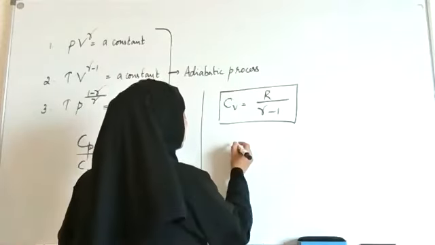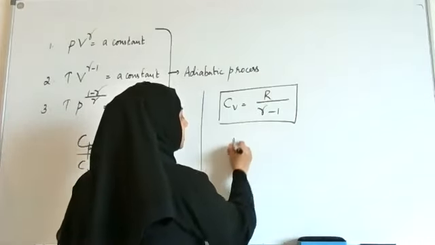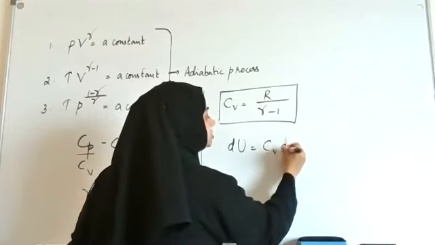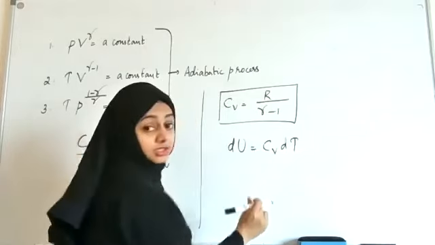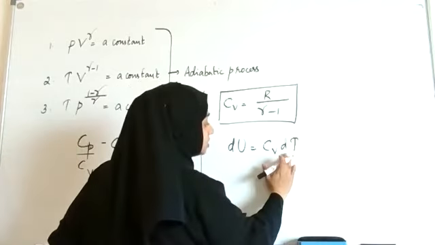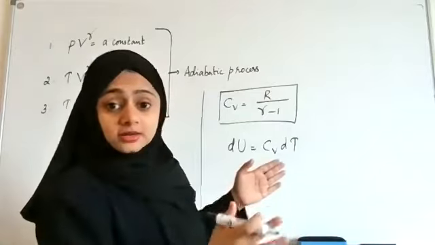And also we saw that Cv is a constant of proportionality that connects the change in internal energy and the change in temperature. So earlier we were saying that the change in temperature always affects the internal energy, and they are directly related.